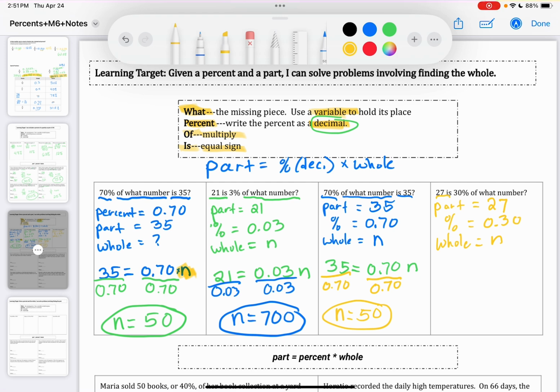So let's write the equation. 27 equals 0.30 n. We'll divide both sides by 0.3. So plug that into your calculator. 27 divided by 0.3. I got n equals 90.